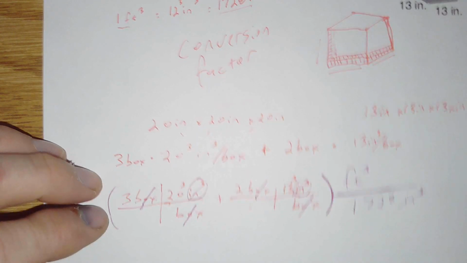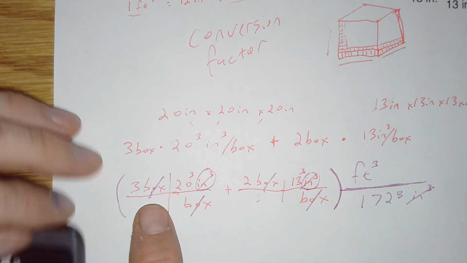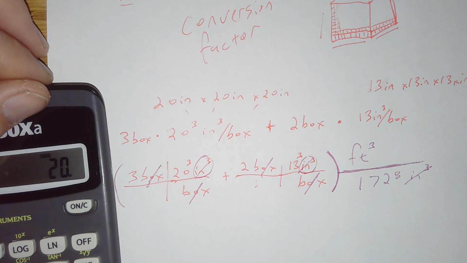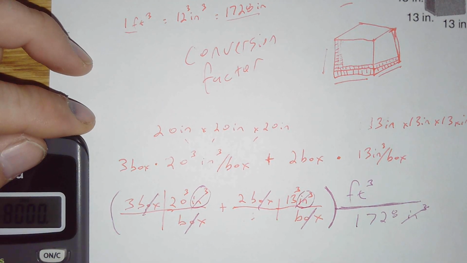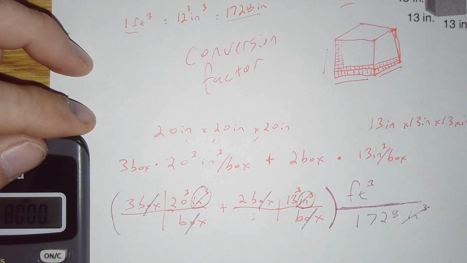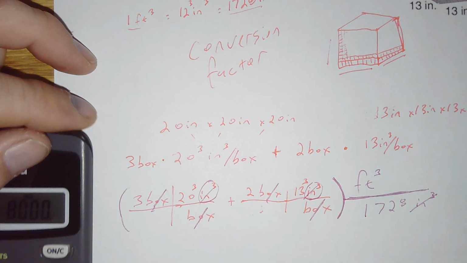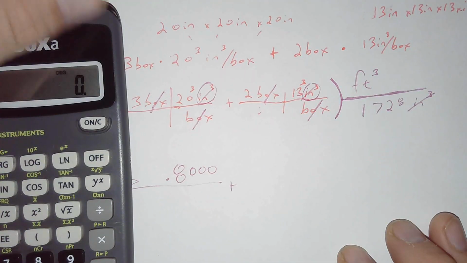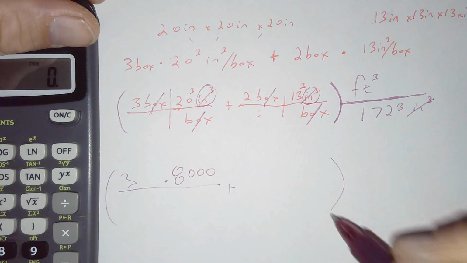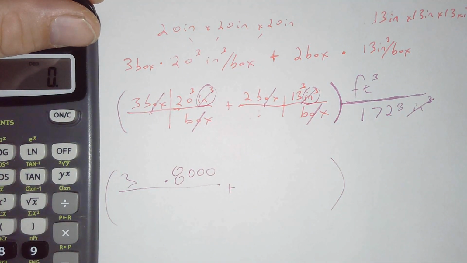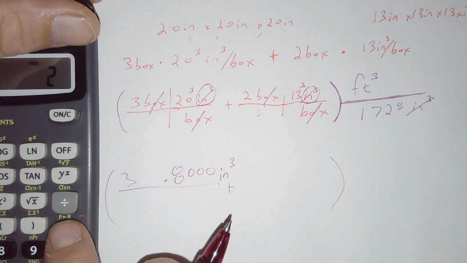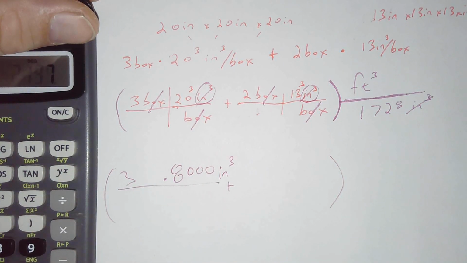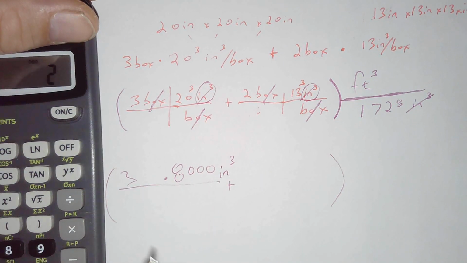All right, so I have 20 cubed, which is 8,000. So I have 8,000 times 3 plus, this is all inside the parentheses still, 13 cubed times 2.